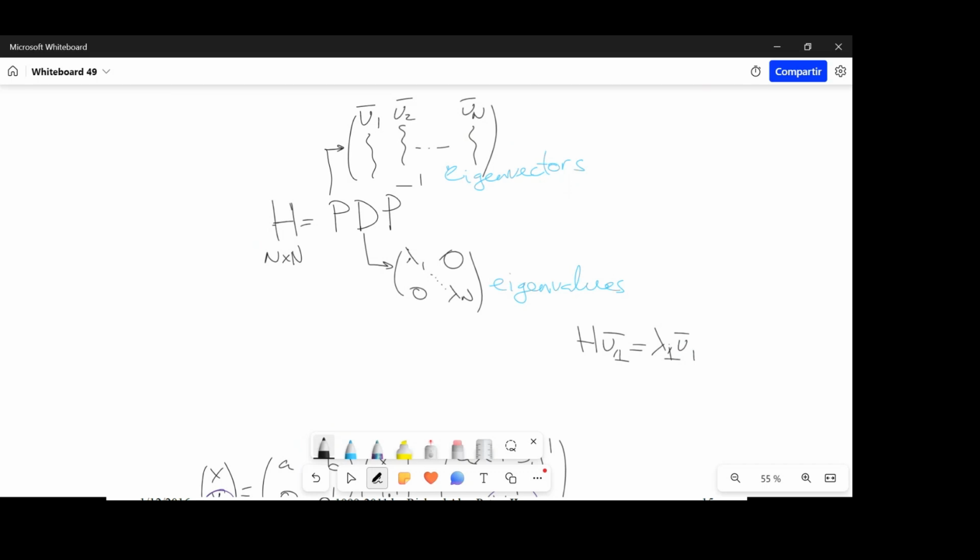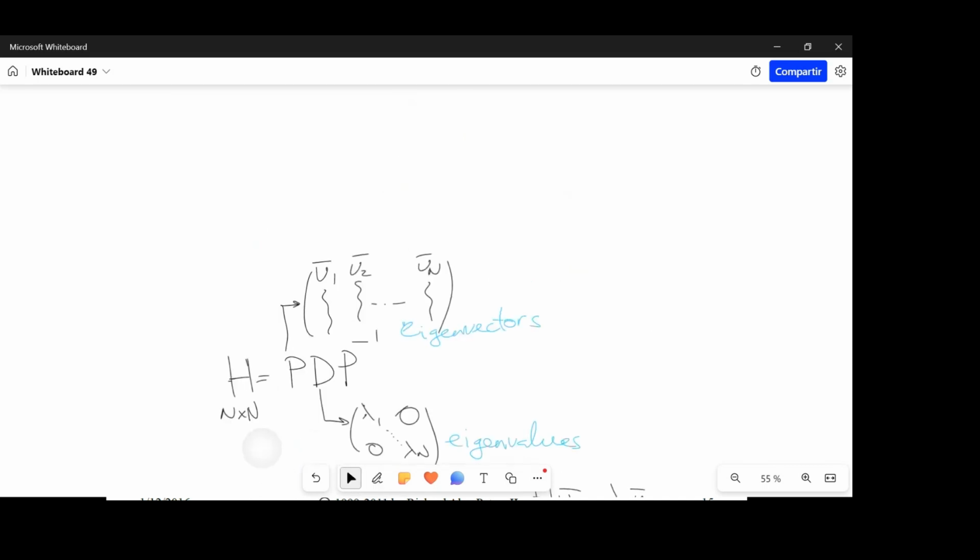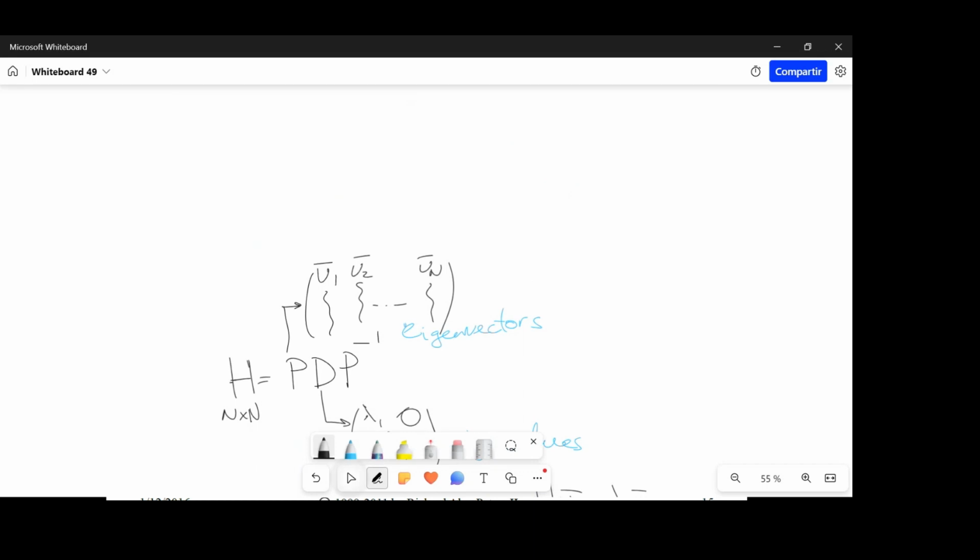So that is another decomposition. This is the eigenvalue decomposition. The eigenvalue decomposition is only valid for square matrices. For non-square matrices, you have the SVD decomposition. SVD decomposition is this one, and it is U S V transpose.